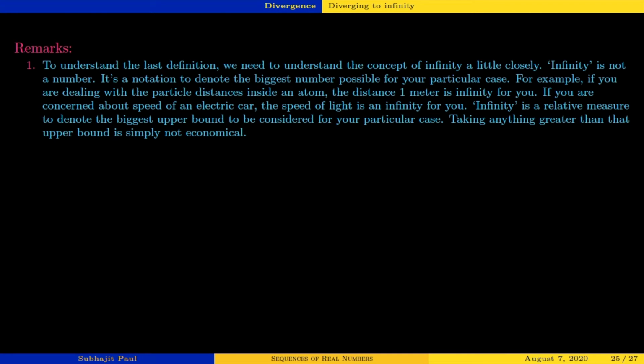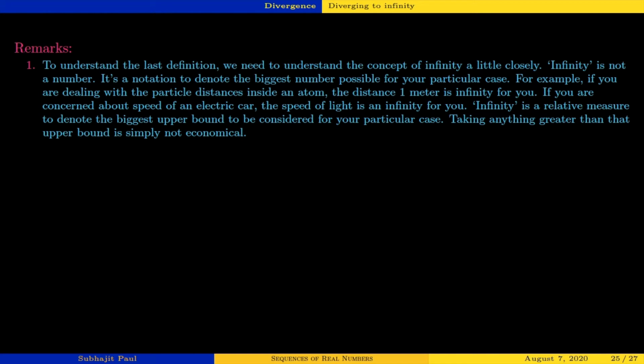If you are concerned about the speed of an electric car, the speed of light is infinity for you. Infinity is a relative measure to denote the biggest upper bound to be considered for your particular case. Taking anything greater than that upper bound is simply not economical.